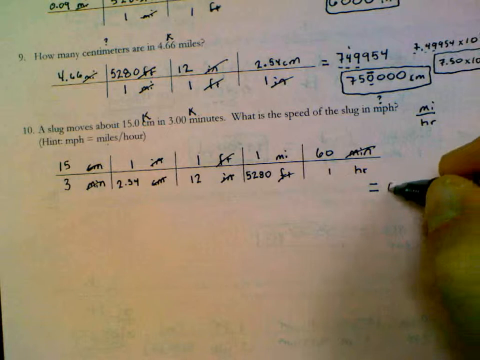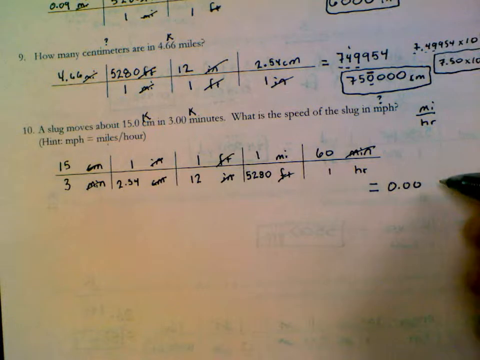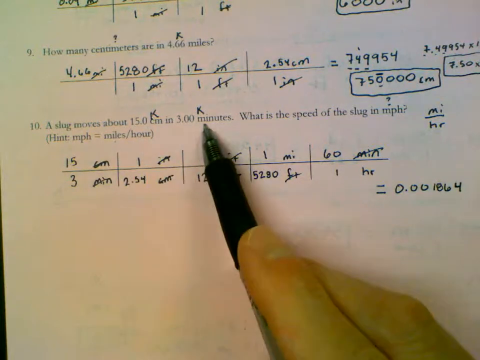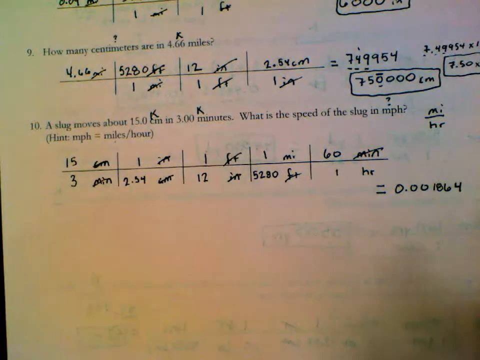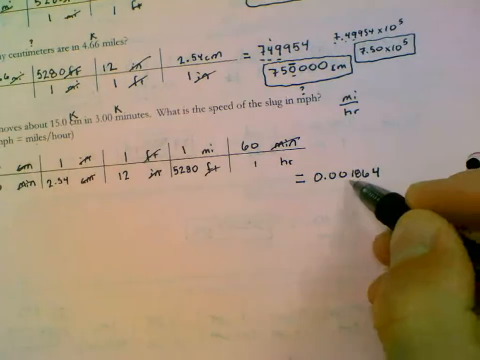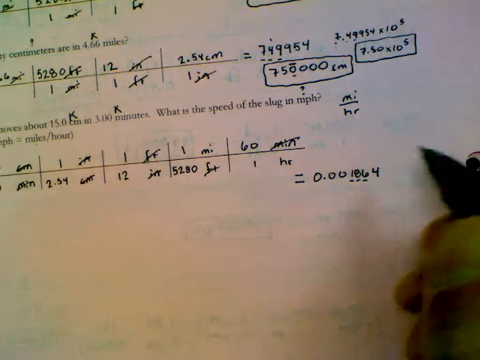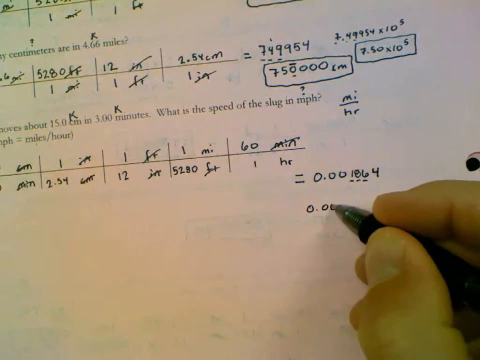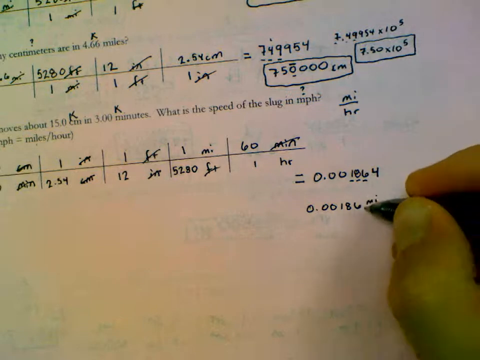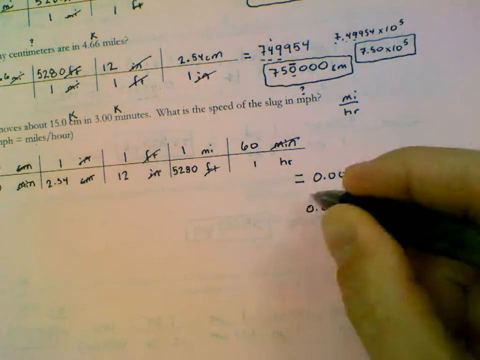Calculator gives us the number, it looks like this. The 15 and 3.00 both have 3 sig figs, so we get 3 in our final answer. 1, 2, 3 sig figs, 0.00186 miles over hours.